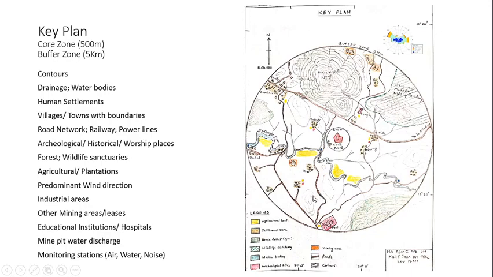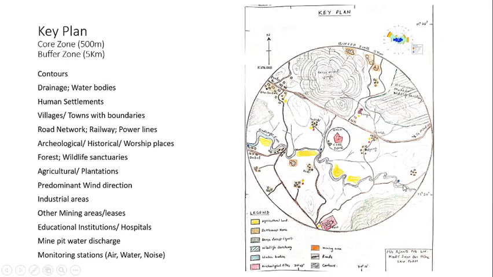And all the monitoring stations again for air, water, noise, wherever you have decided outside the core zone, that is in the buffer zone. For example, here there are air monitoring stations and noise monitoring stations here, here, here, as well as water monitoring stations.